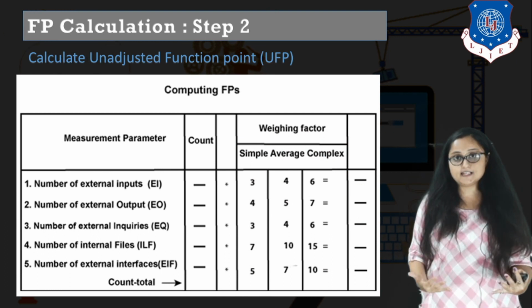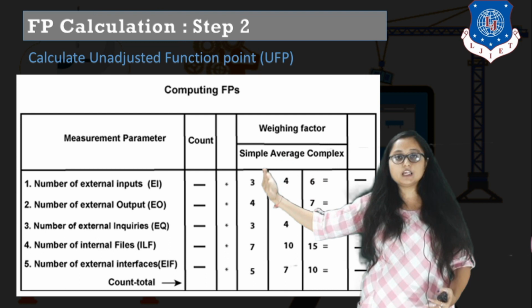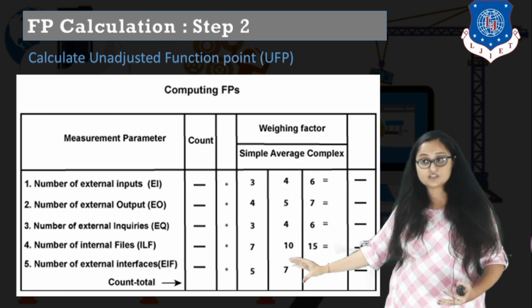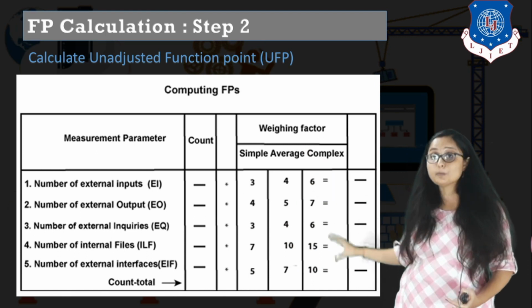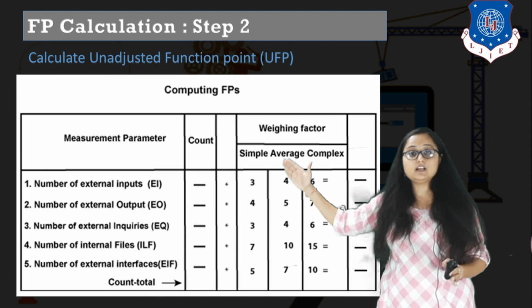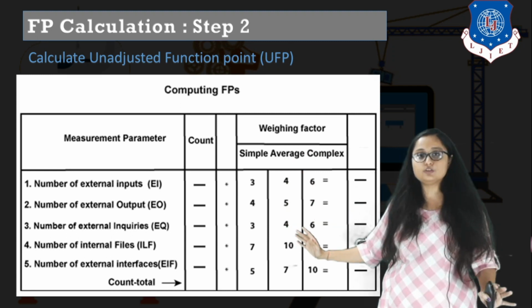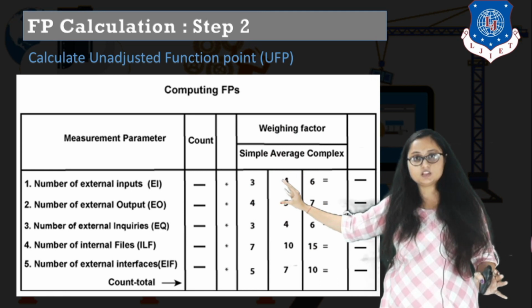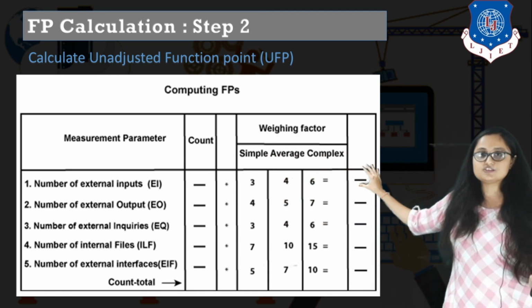You have to decide whether the external input that you have counted comes under the category of simple, average or complex weighting factor. Once you decide whether it is simple, average or complex, all you have to do is multiply the count with the weighting factor and put it over this column, right?